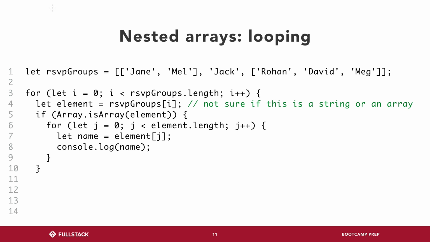If it is, then we loop through that element to go through each flattened element in this nested array structure. But you could imagine, what if I didn't know how many levels it was? Then you can't keep indefinitely writing for loops nested within each other.